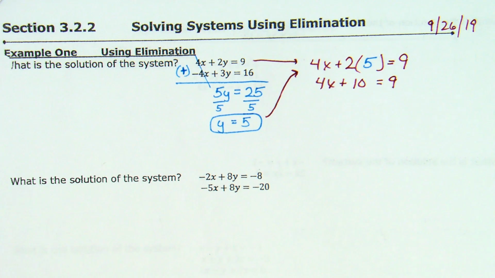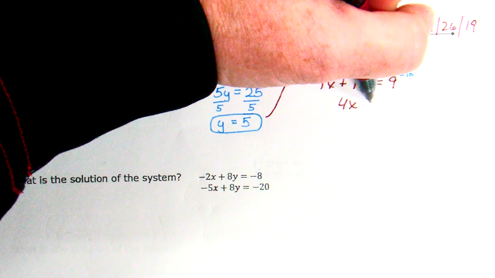Next step. Okay, if it's 4x plus 10, we want to subtract 10 over. 4x, 10 minus 10 cancels. What is 9 minus 10? Negative 1.